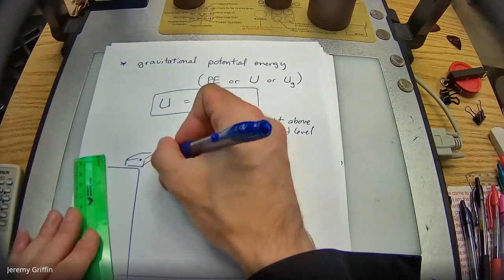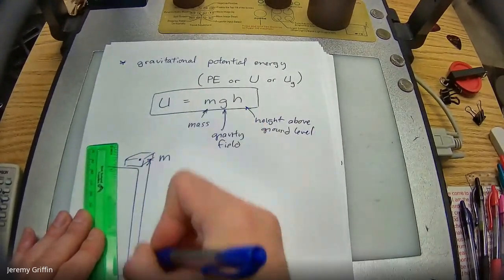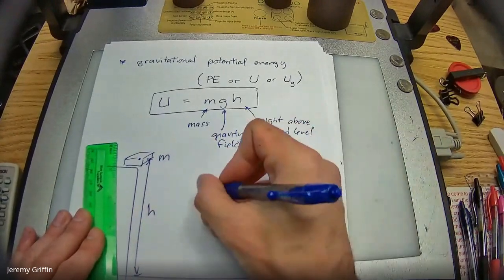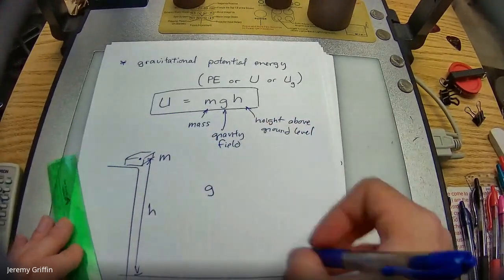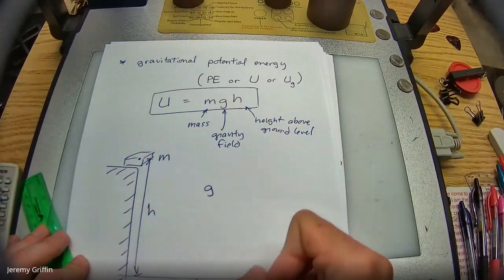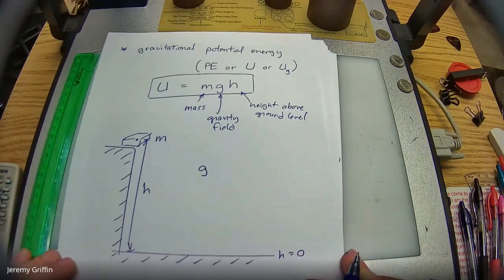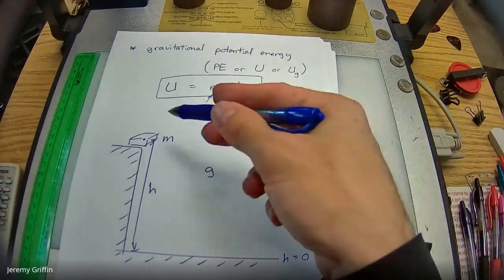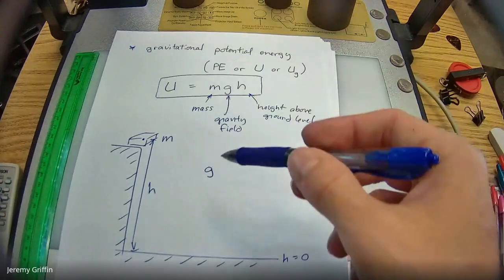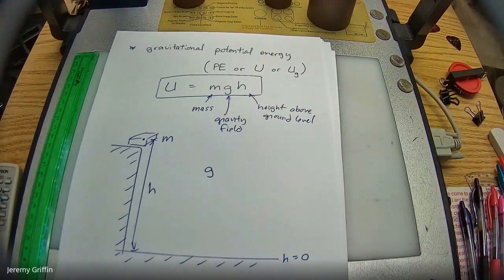This book has some mass m, it's some height h above the floor, and it's in some gravity field g. Height 0 right there, something like that. Great. If you know the mass, the gravity field, the height, multiply all of them together, and you get some number of joules that represents the potential energy.